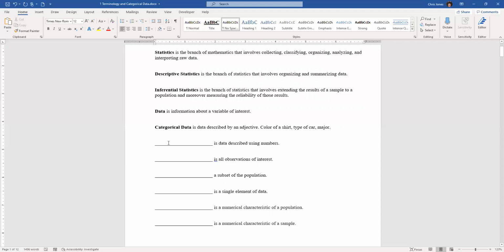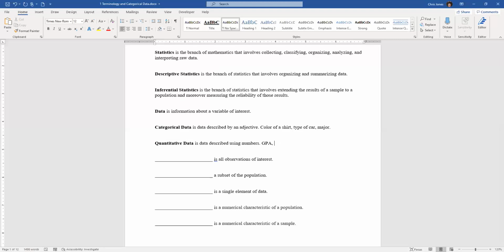The data that can be described using numbers is going to be called quantitative. And quantitative data is the data that we can find averages for, standard deviations. So if you've ever done those before, or those sorts of computations, that's what we're going to be looking at. So for example, your GPA is generally a quantitative data or a quantitative item. And to be in an honors course, you have to have a 3.20 or better GPA.